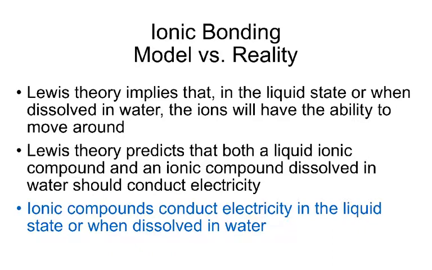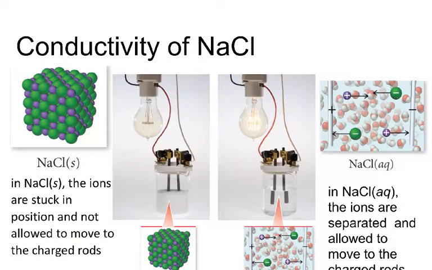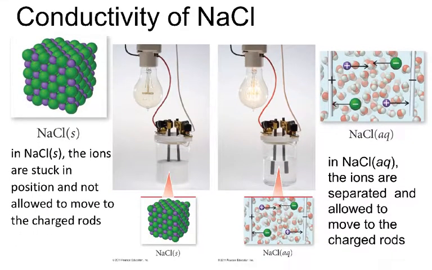So either a liquid ionic compound or those dissolved in water conduct electricity. And so here you can see, here's a block of salt, does not conduct electricity, but when you dissolve it in water, the ions can move around and we get electricity flow through the solution, and that lights up the light bulb.